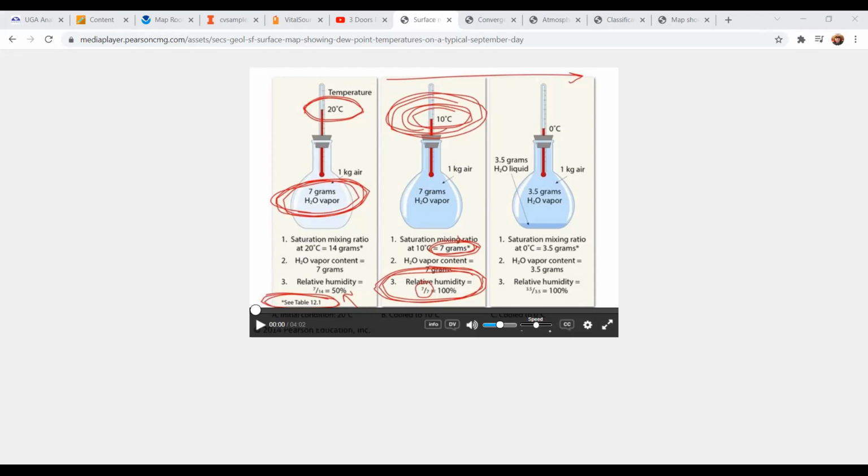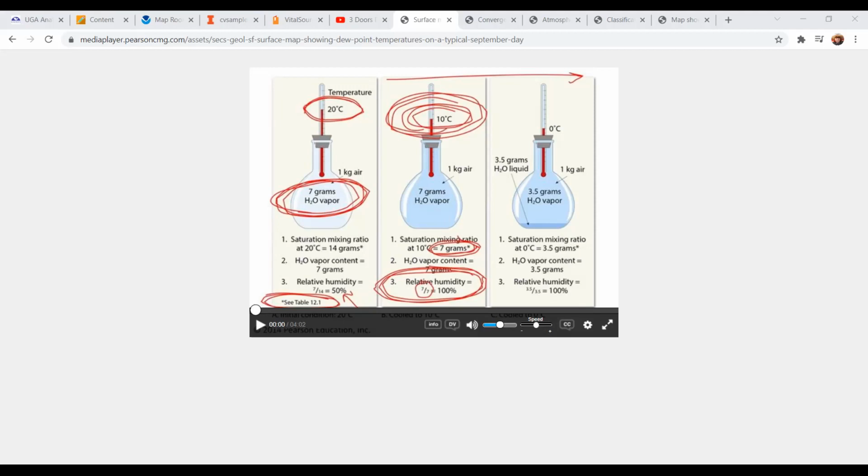This is because the water molecules as water vapor move faster than those in the liquid. Remember, they have more energy. So if they have more energy, then they're going to start to exert some pressure on the water below. This pressure is called vapor pressure.